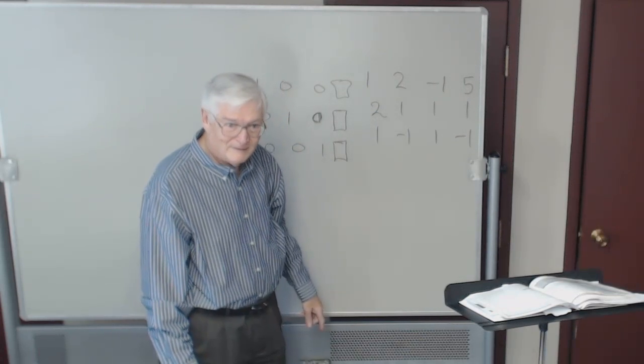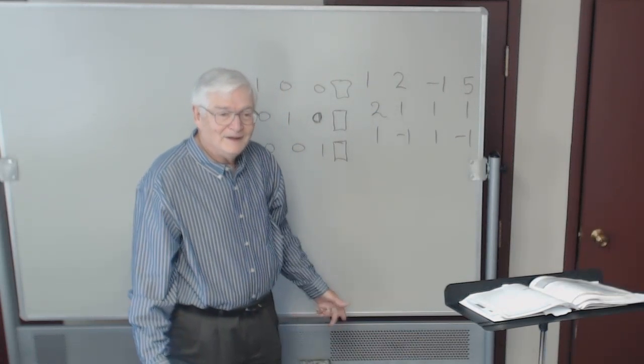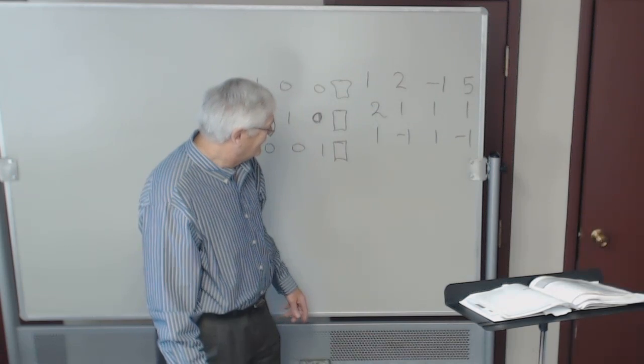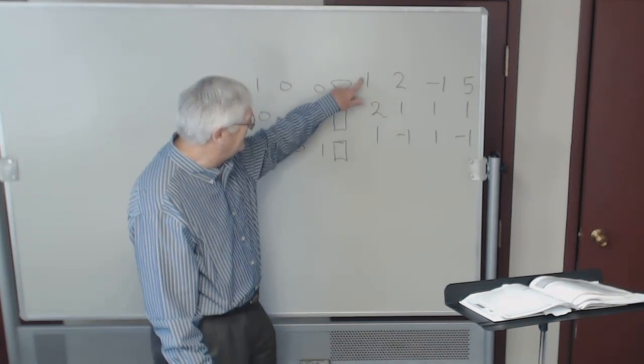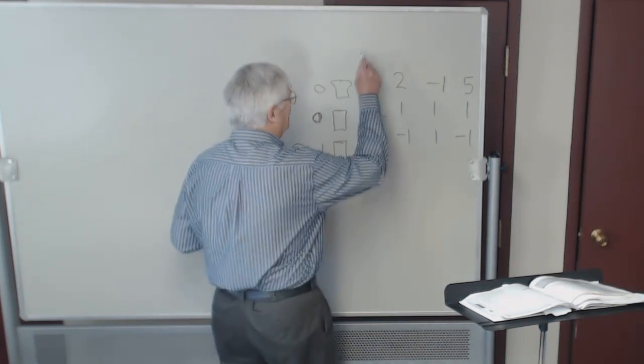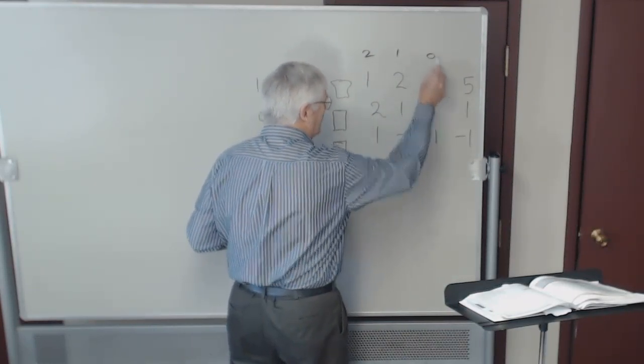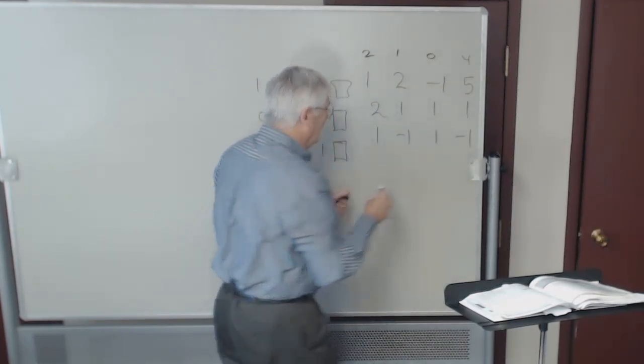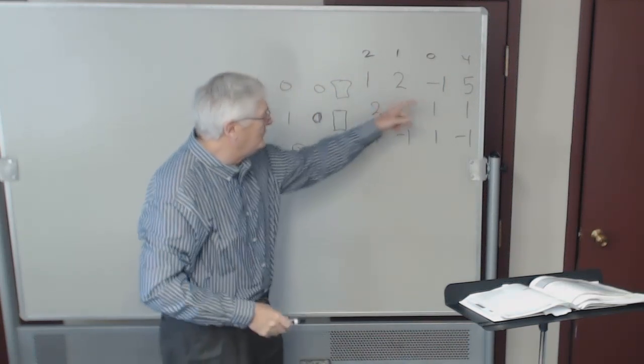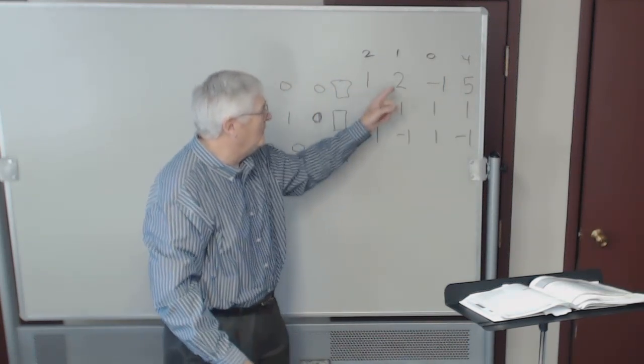Why does that work? I don't get it. It just works. What happens if I add this and this? That's 2. This and this is 1. This and this is 0, and this is 4. So now I replace 1, 2, -1, 5 with 2, 1, 0, 4.